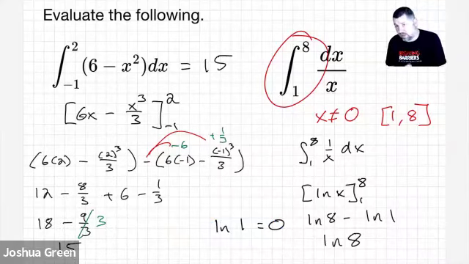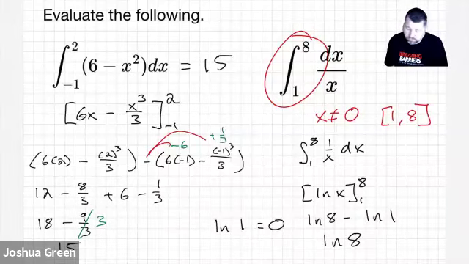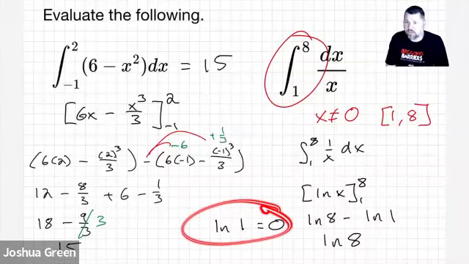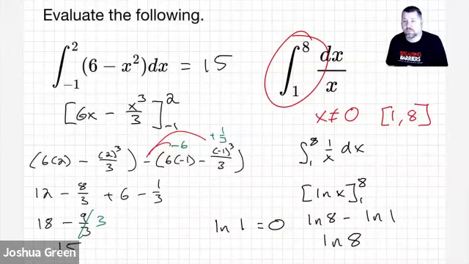As long as we can get to that antiderivative, all we do is plug in 8 and plug in 1 and remember this rule for natural logs. Any questions or concerns here?